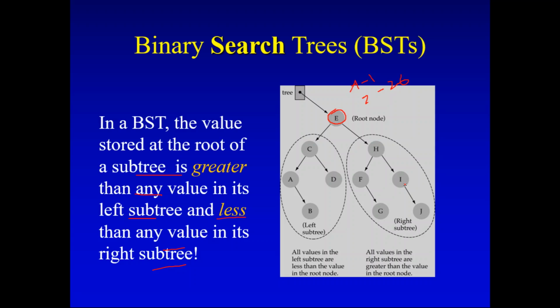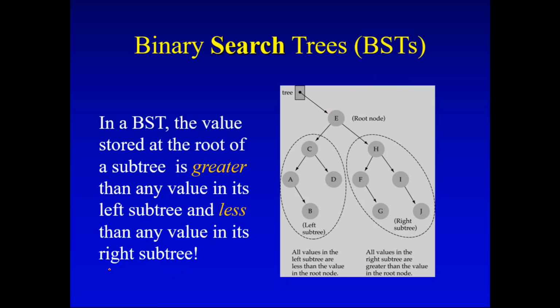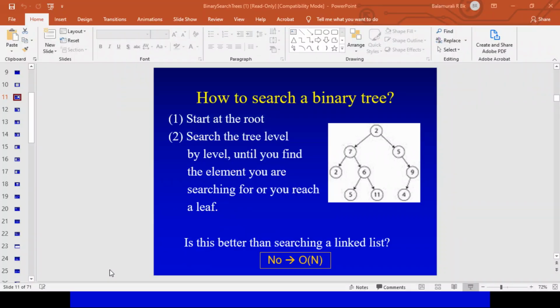I is greater than H, so it is on the right side of H, and J is greater than I, so it is on the right side of I. So the point is, in a binary search tree, for any node, its left child will have a lesser value than that node, and its right child will have a greater value.